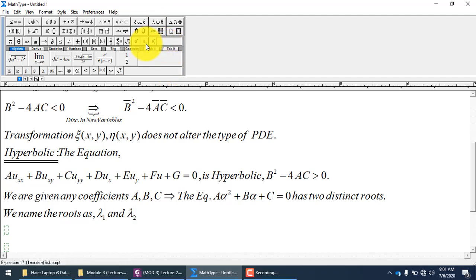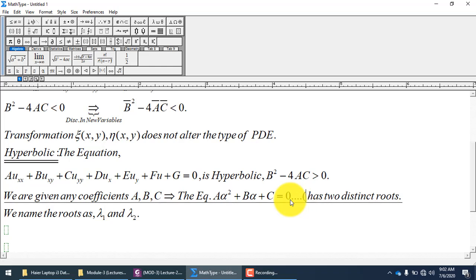These are the two unknown roots of this equation. This is the quadratic equation, and if you want, you can name that equation 3.